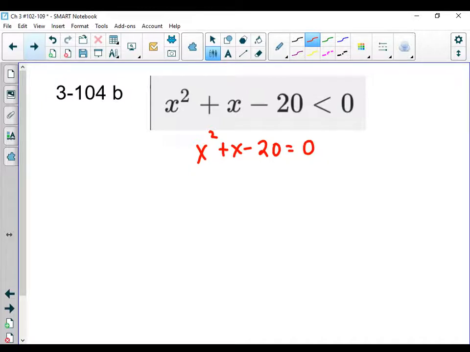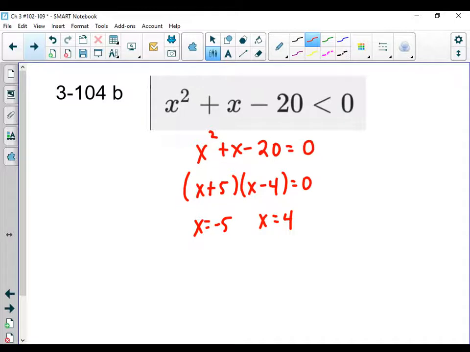So in this one, we try to factor by multiplying to get -20, adding to get 1. So I'm going to have x plus 5 and x minus 4. So it means if it were an equation, we've got these two values. X is equal to -5, x is equal to 4.